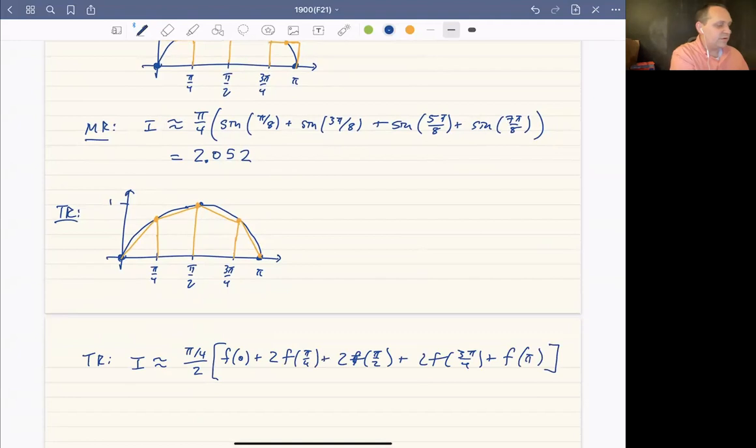And of course, f of 0 and f of pi are 0, so we don't really need to worry about that. We're going to end up adding up f of pi over 4, 2 pi over 4, and 3 pi over 4.